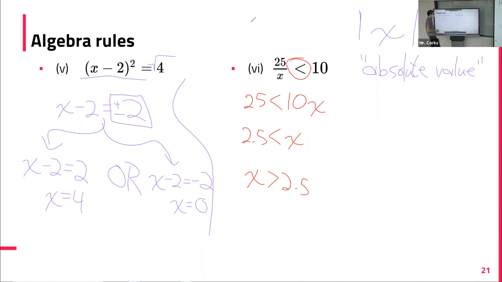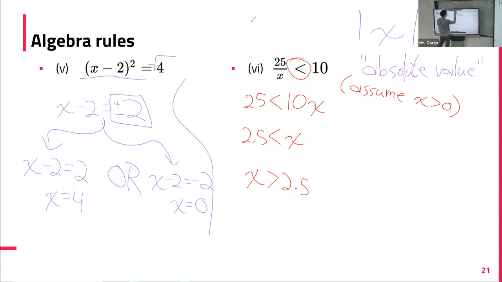The other situation is where, and we didn't do it here because I wrote on the first slide we assume that x is greater than 0. But if we are multiplying or dividing by a negative number, then also we have to flip the direction of the sign from less than to greater than.